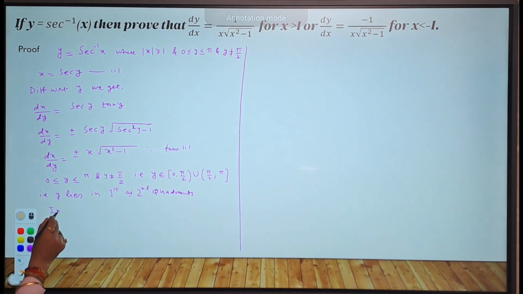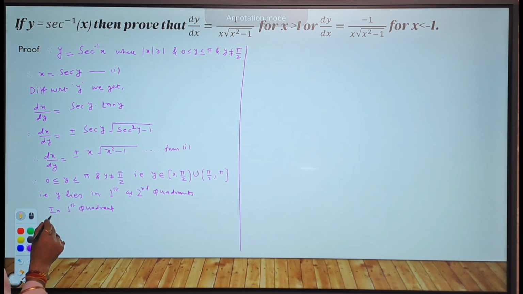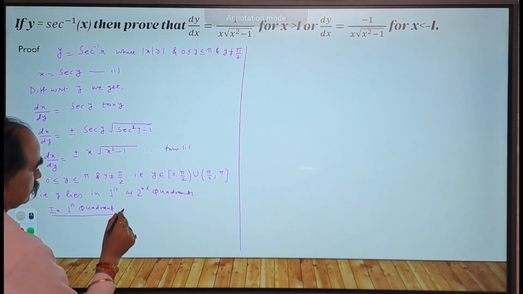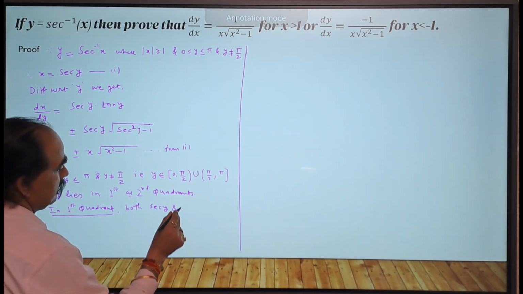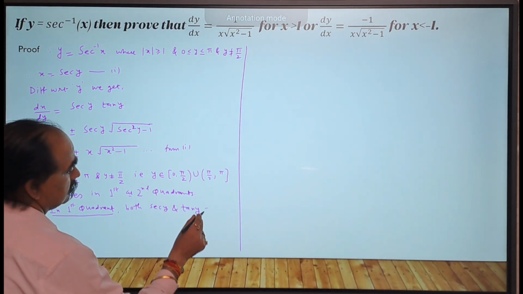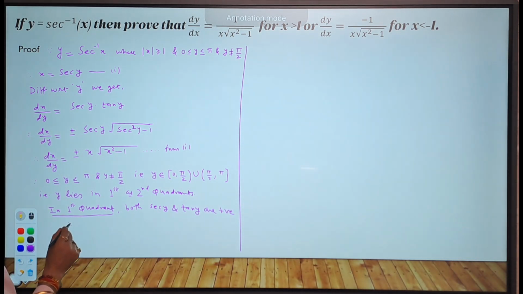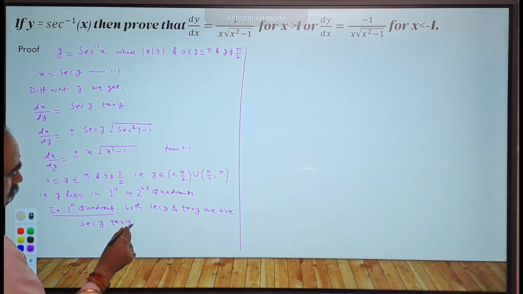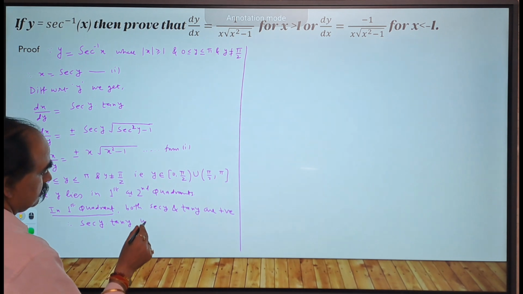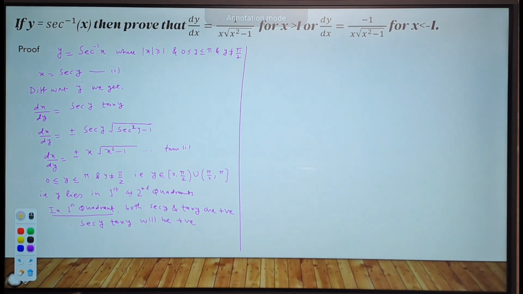In first quadrant, both sec y and tan y are positive, so their product will also be positive. Therefore sec y into tan y will be positive.